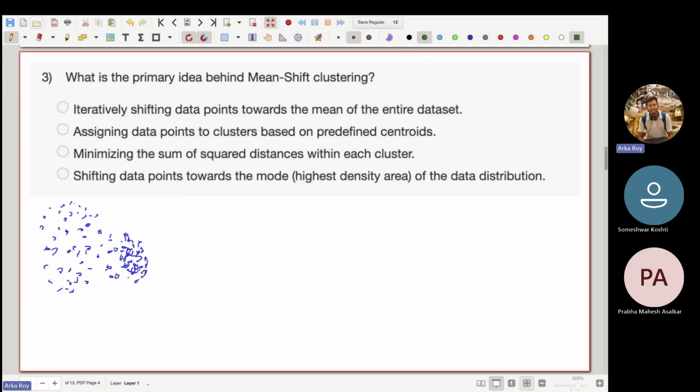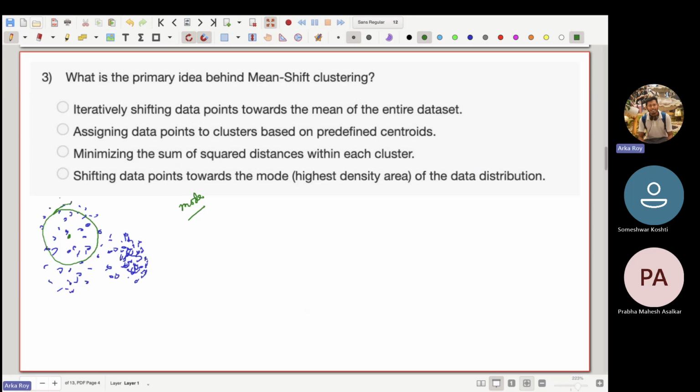The first process, you choose a window with a proper bandwidth. In this window, you try to find the center of the window, and then after finding the center, you enclose some of the data and try to find the mode of the data. And mode means where the more densely packed data is occurring, or more data is present in that particular area. So that is what mode means.